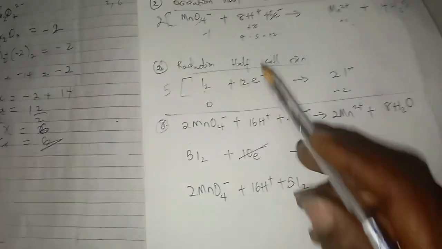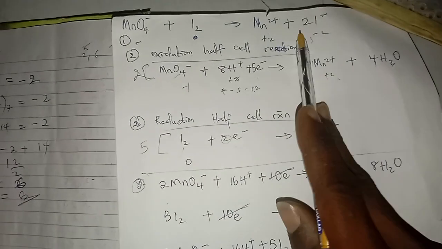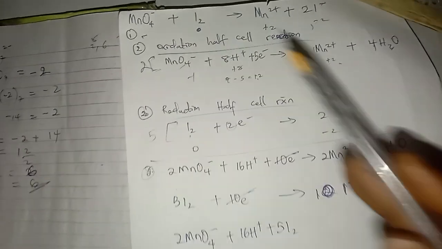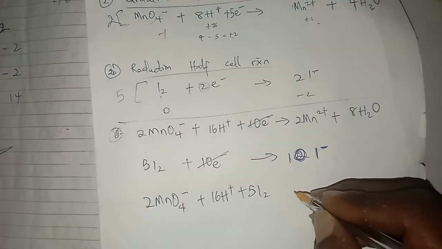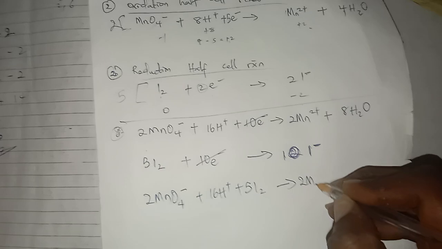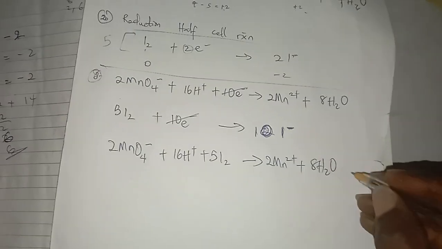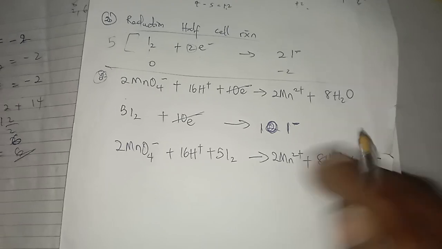The problem I have is that in this equation that was given, iodine is supposed to be here and the iron is supposed to be here. So the equation was given that way. So I2 gives 2Mn2 plus 8H2O plus 10I minus.